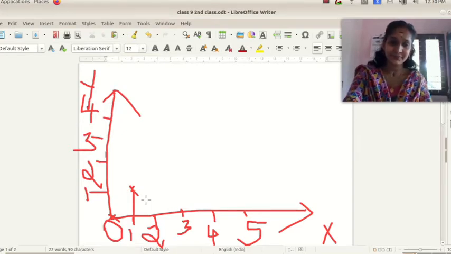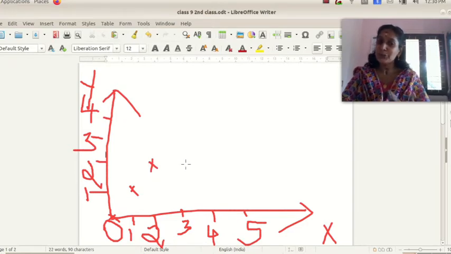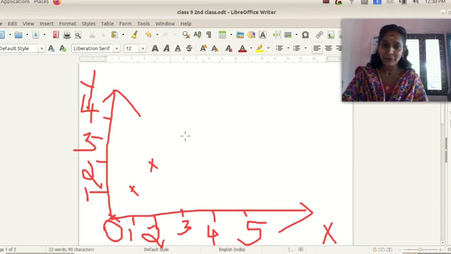Then at the second second, it traveled 2 meter. Our ball moved to 2 meter. In the third second, our ball moved to 3 meter, isn't it? And fourth second, our ball moved to 4 meter, isn't it? So we can join all these values.